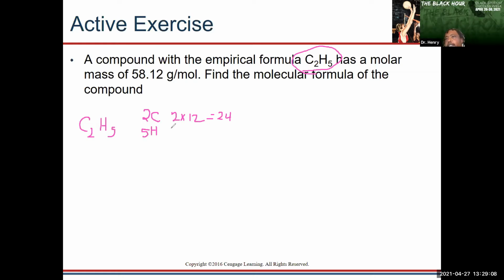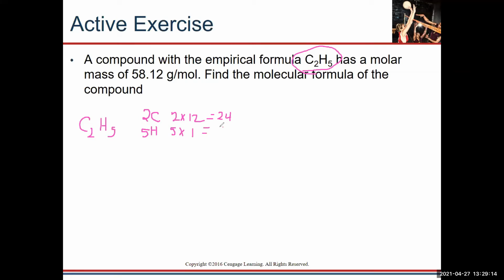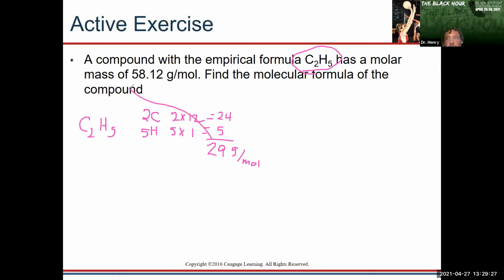Hydrogen weighs 1, so 5 times 1 is 5. So that's 29 grams per mole.